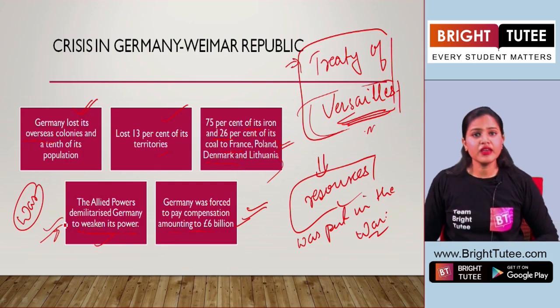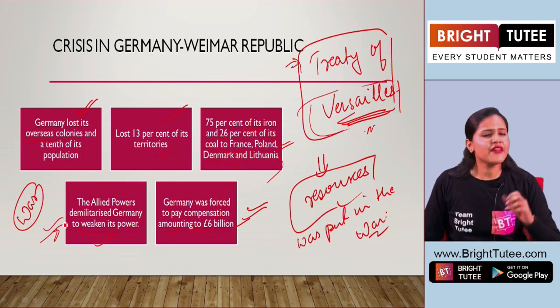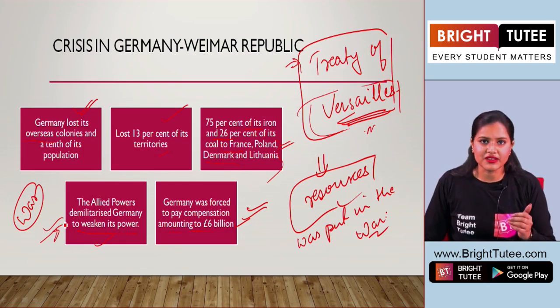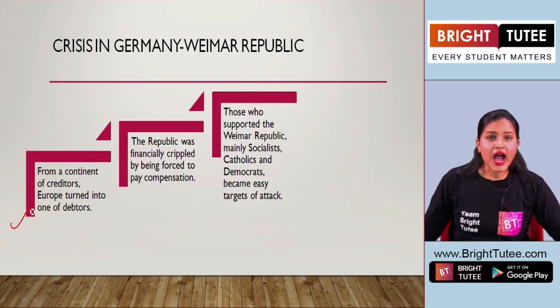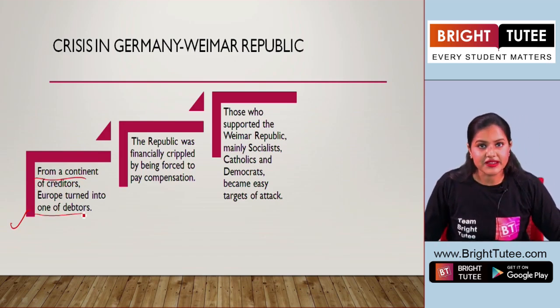And also the regions of Germany were demilitarized. So definitely the Germans were agitated with the Treaty of Versailles and they were very angry with the German officials who had signed this truce, right? So therefore, after the war, from a continent of creditors, Europe turned into one of debtors, definitely.